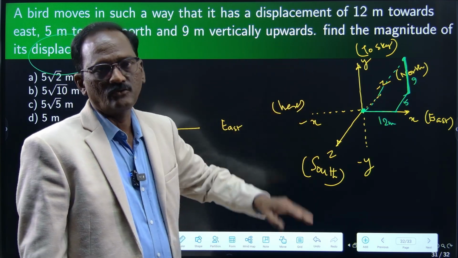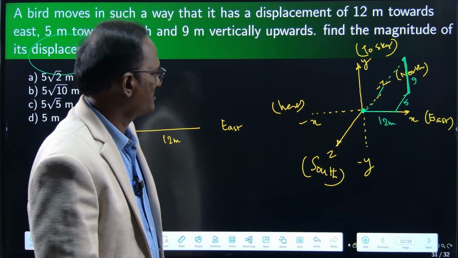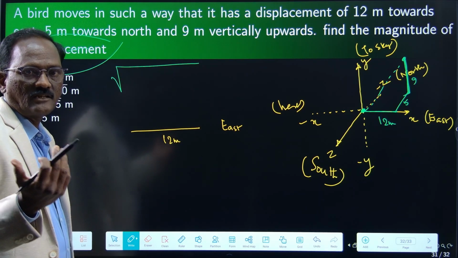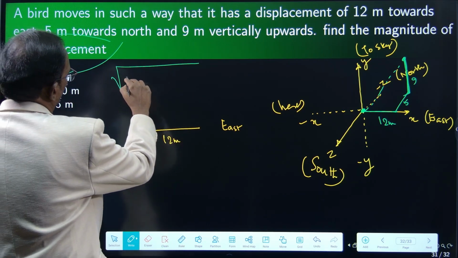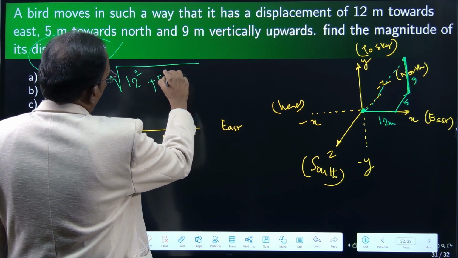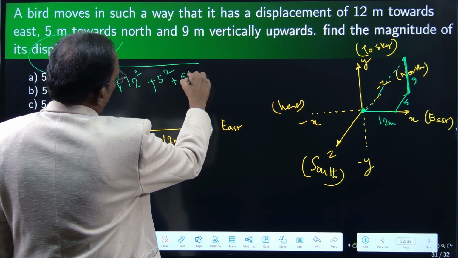So the magnitude of the vector. You must remember this formula, right? Square root of extension of Pythagoras: 12 square plus 5 square plus 9 square.